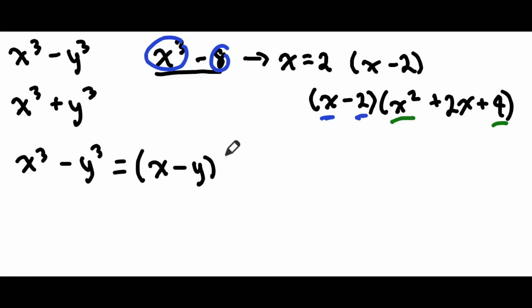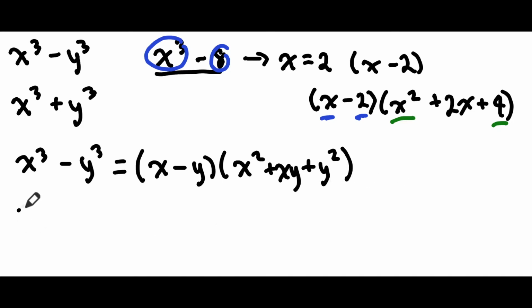Then inside the bracket, we take the cube roots and square them, so we write x squared, and over here y squared. And right in the middle, just like we noticed here, we're simply multiplying the two cube roots, which gives us xy. So we're adding the product of the cube roots.